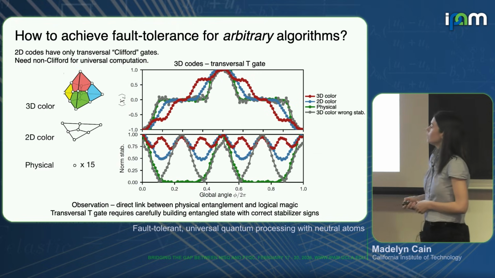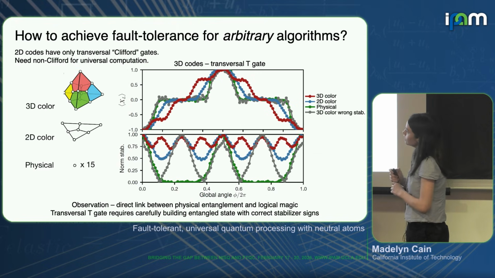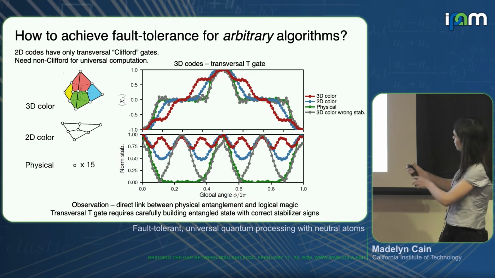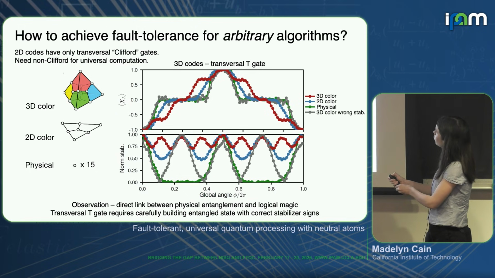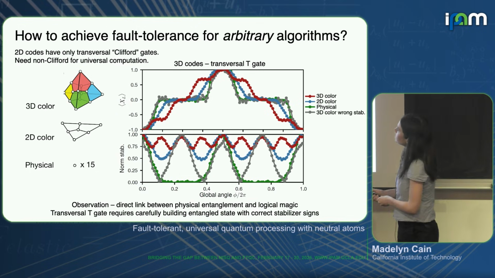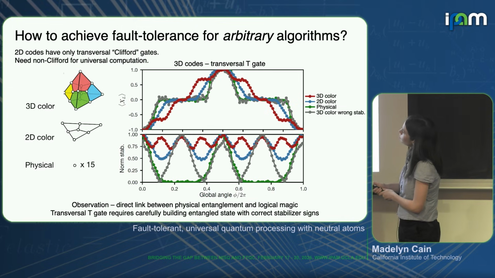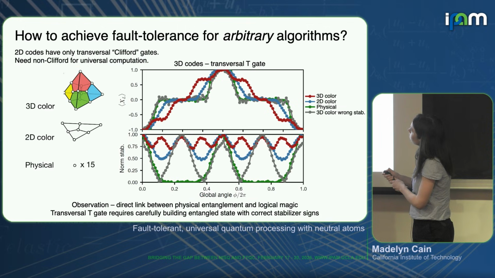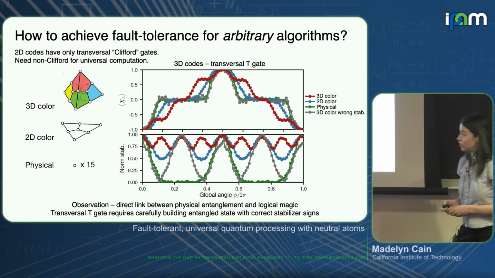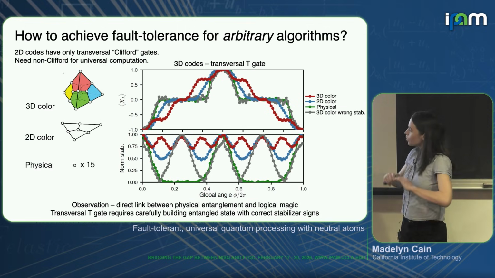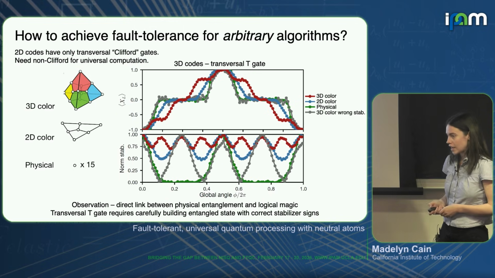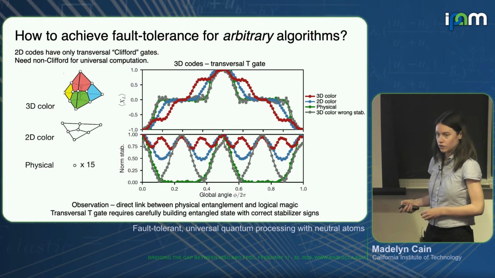On the other hand, if I am trying to do a transversal non-Clifford gate and I have the wrong stabilizer signs here in the gray, then we see that we completely lose our transversal gate, and actually the performance and the behavior is identical to if you just had physical qubits. So here it's very important to create this entangled state in order to get our transversal gate.